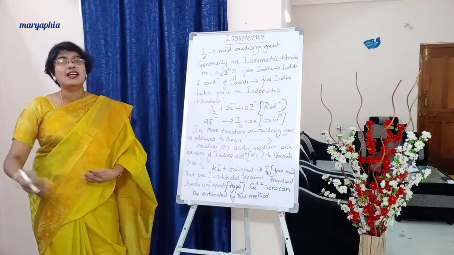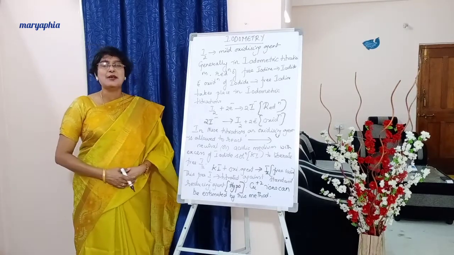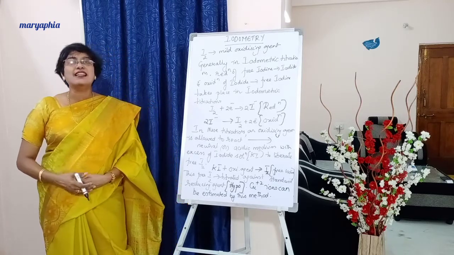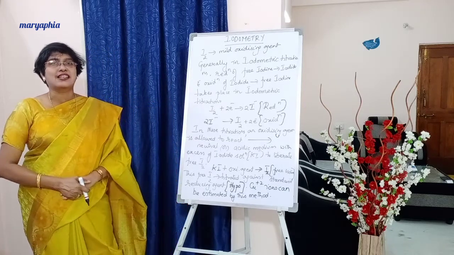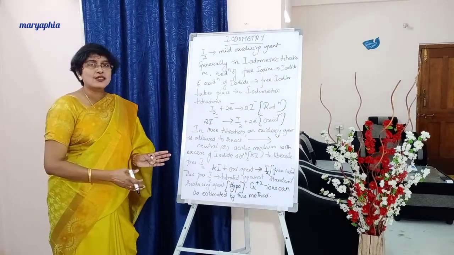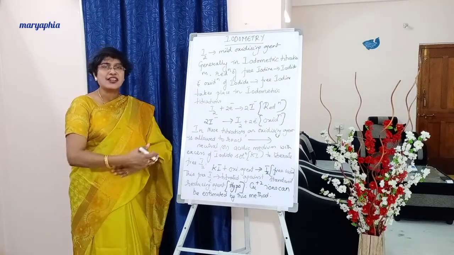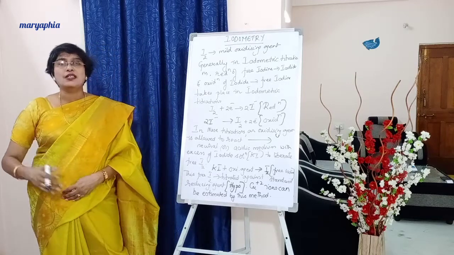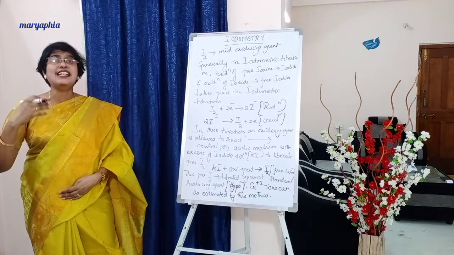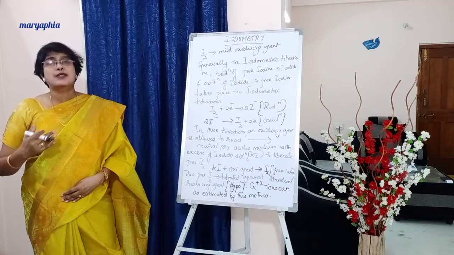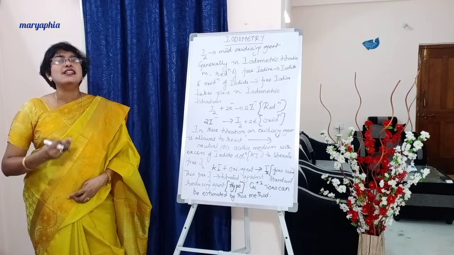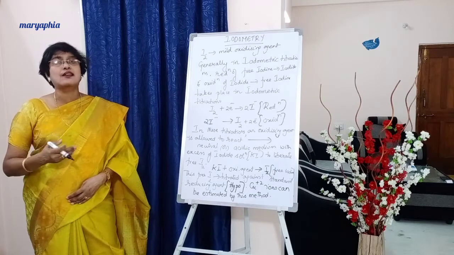So before going into that experiment, what exactly is iodometric titration? Okay, so students, this is just the introduction. If you want, you can write it in your notebook. It is not necessarily needed to write down in the observation book. If you want to know about iodometric titration, you can just note down these points.